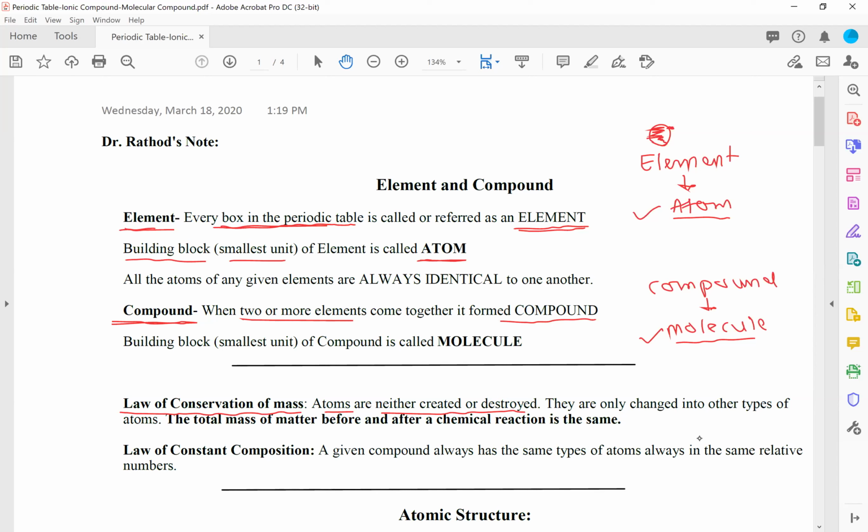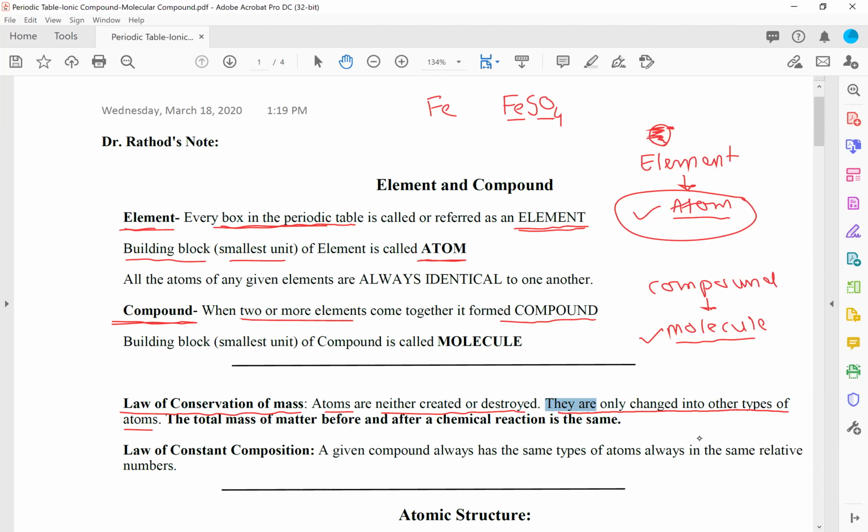It means the atoms that we talked about, you cannot just destroy them. What is going to happen? They are only changing into another type of atom. So instead of, let's say, an iron atom, Fe, by itself, if some sort of reaction happens, it is only going to be converted into another type of atom where it is connected to something else.